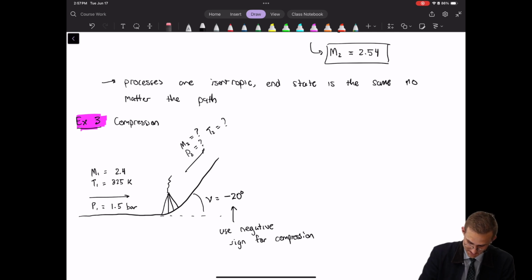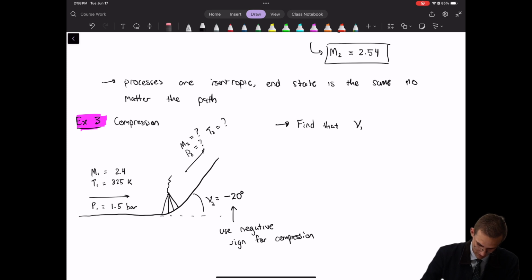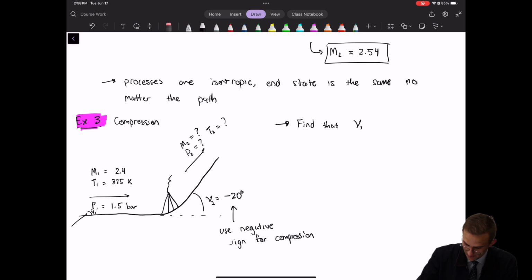Okay, so the first step, since we're starting with an M1 that's greater than 1, is that from the tables we'll find nu 1 starting from over here. Nu 1 was 36.75 degrees, and we got that from knowing what M1 is.